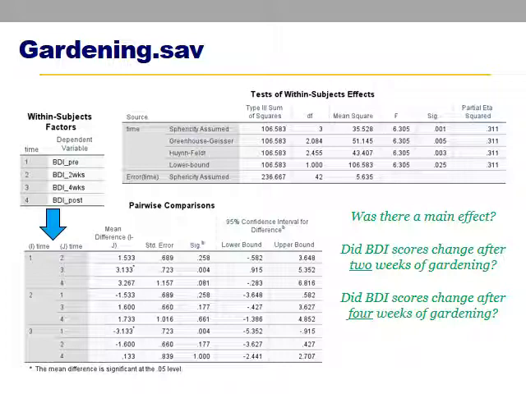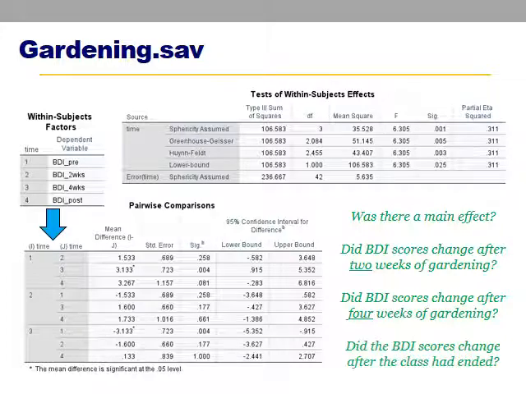And if so, how? Did the effects of the gardening class persist? In other words, did participants' BDI scores change between the end of the class and 2 weeks after the class? Pause the video now and try to answer these 4 questions on your own.